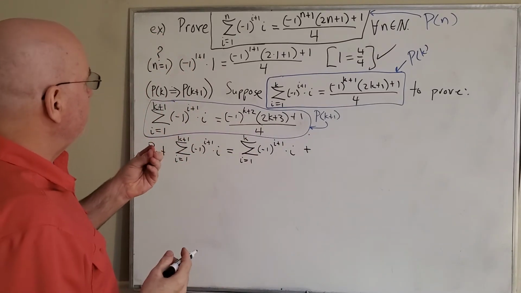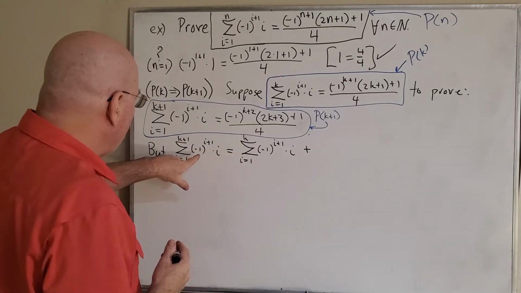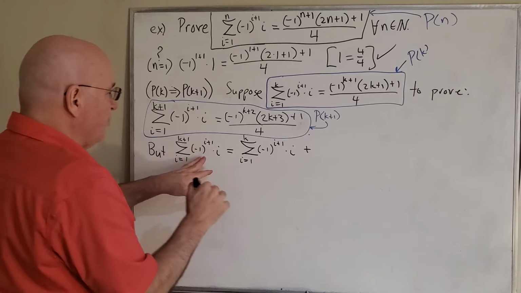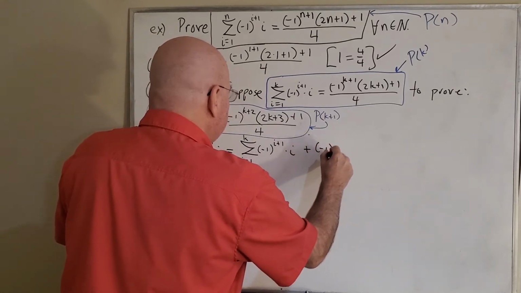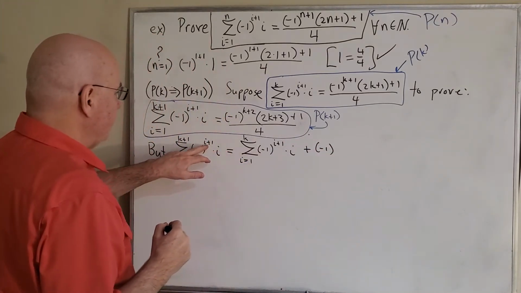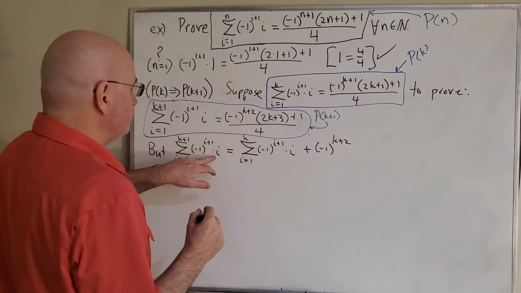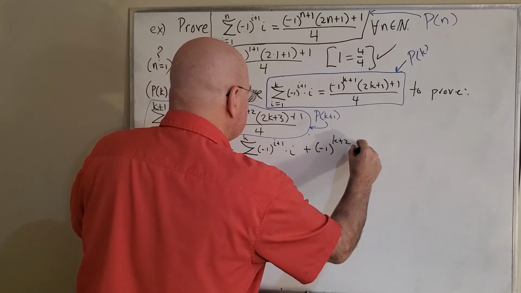So we plug k plus 1 into this expression, make I equals k plus 1, and we get negative 1 to the k plus 1 plus 1, which gives us k plus 2, times I.